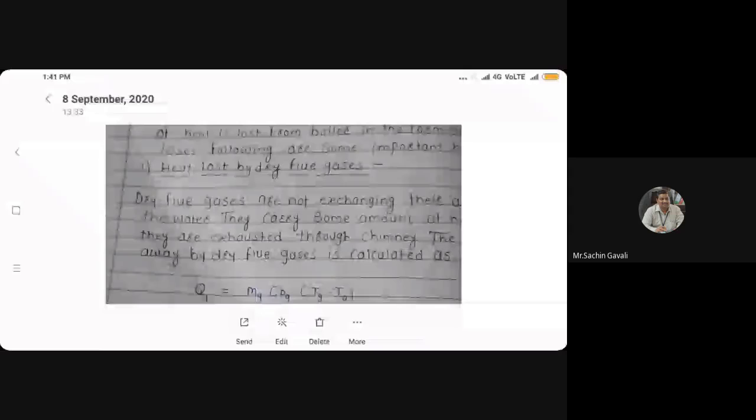Okay, last lecture, I think we have started the heat losses in the boiler plant. So, who will tell about the background related to heat losses in the boiler plant?